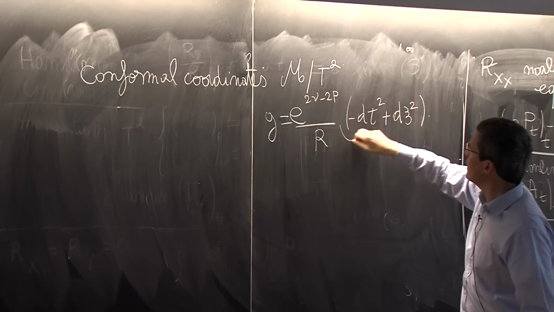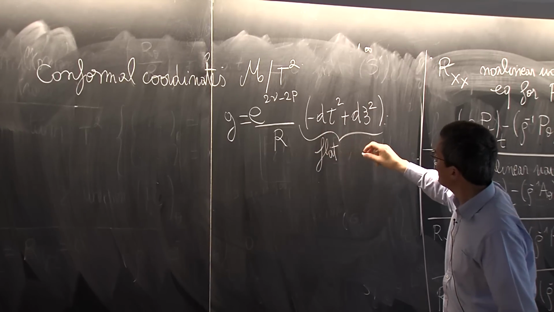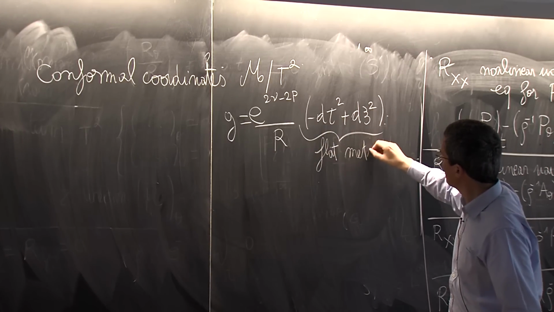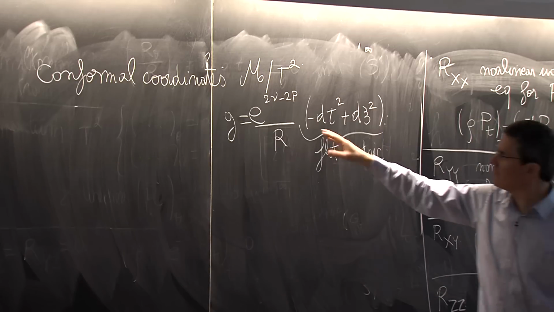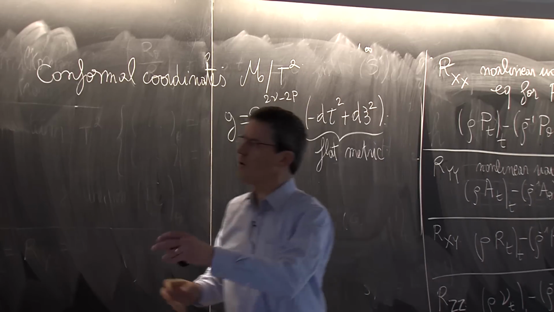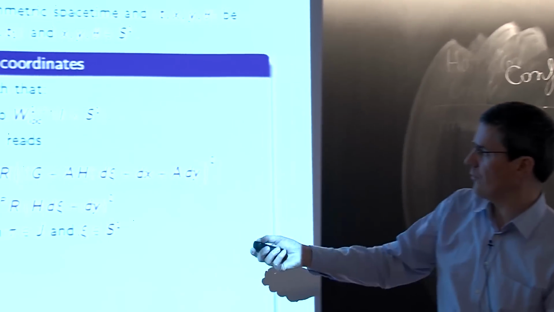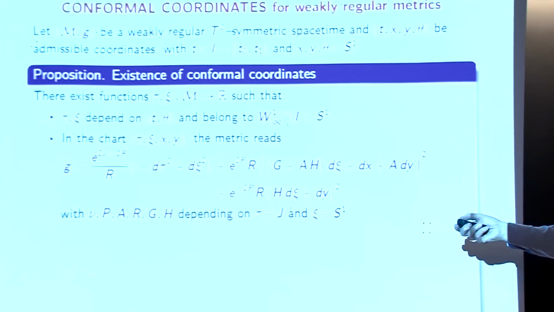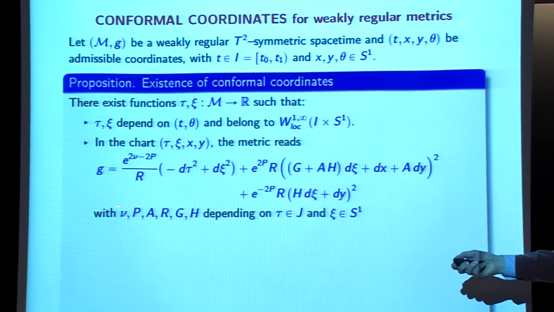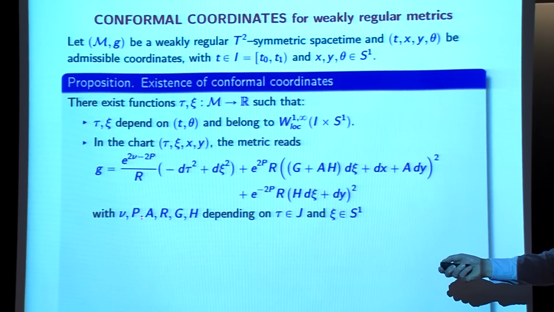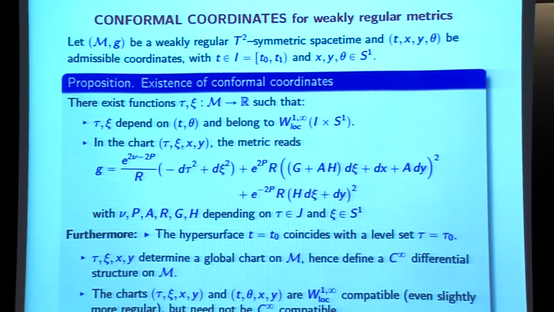So this is really the flat metric, and there is only a conformal factor in front of it, depending on some coefficients nu and p, in order to get the spacetime metric of the quotient. Okay? And the rest has not changed here. The rest is kept in this form. So we still have to look at coefficients u, p, a, r, g, and h exactly like before.